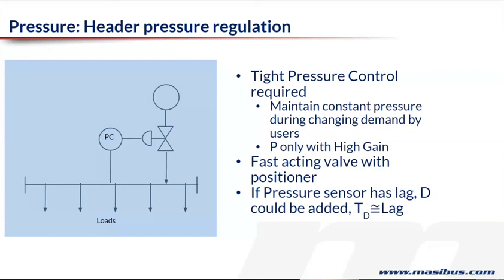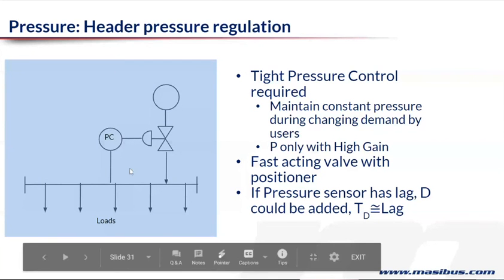Let's take tight pressure control, another example where you require a very tight control. Here this is an example of a pressure header, and different people are tapping loads. There are different users.